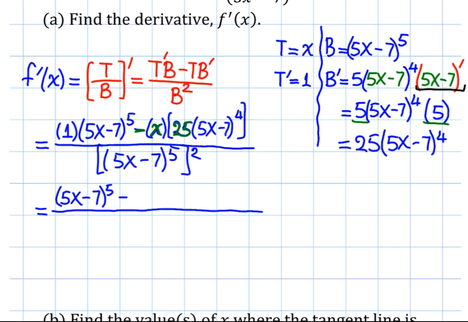We're not going to multiply with 5x minus 7 to the 4th power because that is the power term. We just have 25x times 5x minus 7 to the 4th power. And then at the bottom, 5x minus 7 to the 5th power squared, a power to another power, so we multiply the 5 and the 2. So we have 5x minus 7 to the 10th power.